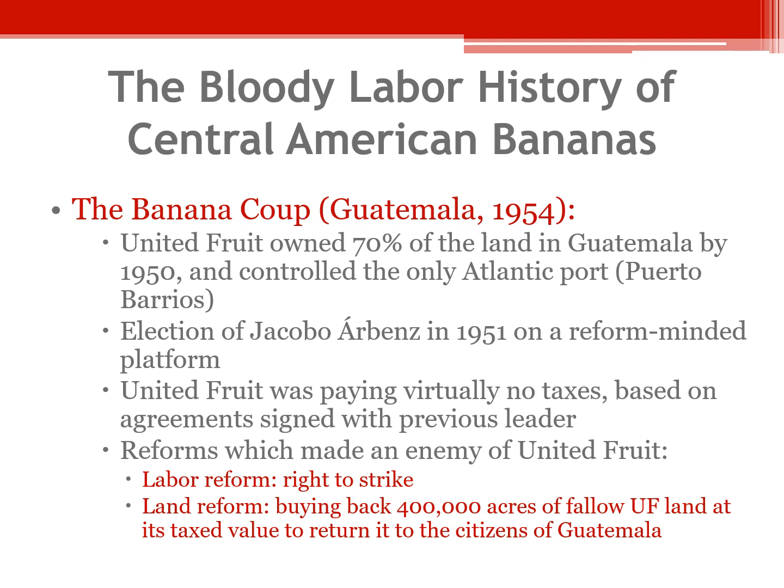Because, again, bananas are very ecological resource intensive. What Arbenz did was he only offered the selling price for this land. He only offered what the tax value of it was, which was virtually nothing because United Fruit and the previous government had agreed the land was only worth a very small amount of money. And so the plan was to buy this land back and return it to the citizens of Guatemala, and that's what he did. But this made United Fruit very angry, as you would imagine.